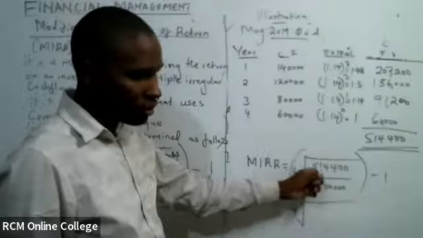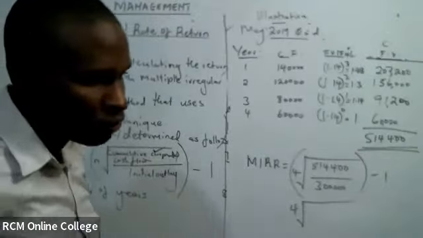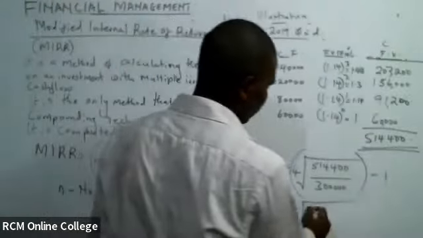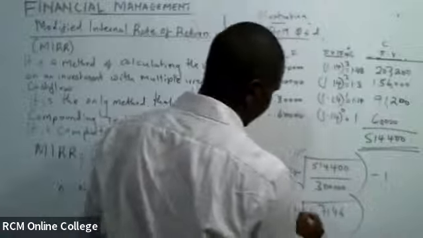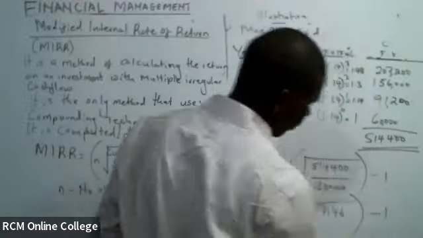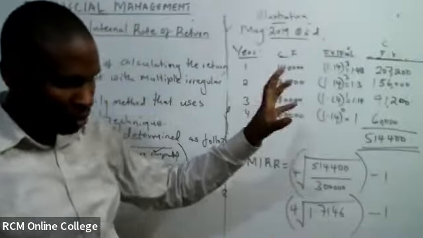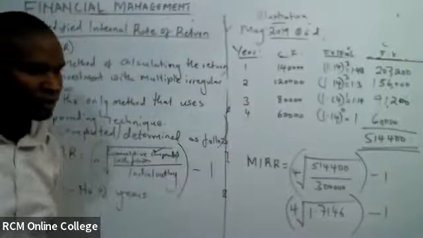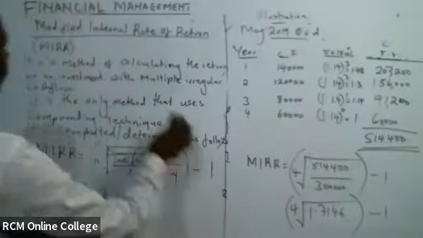This divide by this, somebody. Hapo ndani kwanza. 1.7146. Haya, utafute fourth root ya hiyo alafu utoe 1. What is fourth root of this? Naanza na chenye iko kwa bracket.